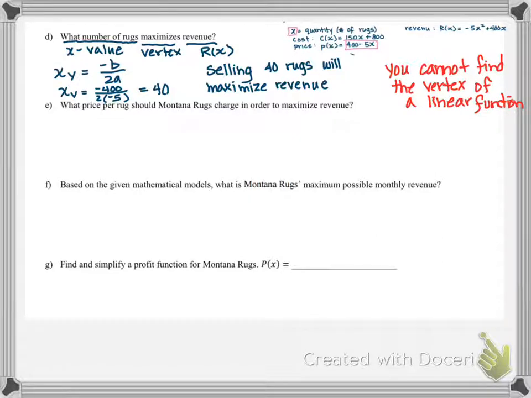Which is a huge difference, right? We're going to get to the profit function in a minute, but it seems to make sense that if you maximize revenue, you've also maximized profit. But the extreme example is, let's say I could maximize revenue if I sold 100 items, but the factory that I have has a capacity to make 80 items.